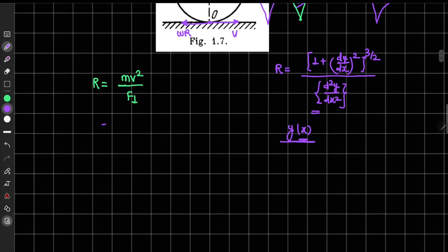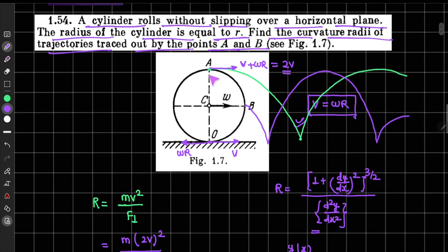Now it is given that the velocity in the tangential direction at point A is 2v. So let us substitute it here. We will get m into (2v) whole square, divided by F perpendicular.